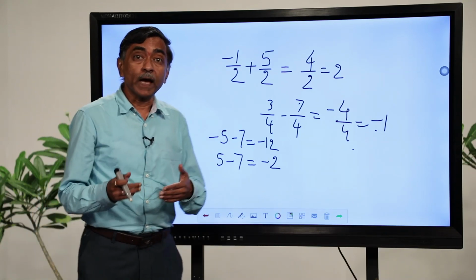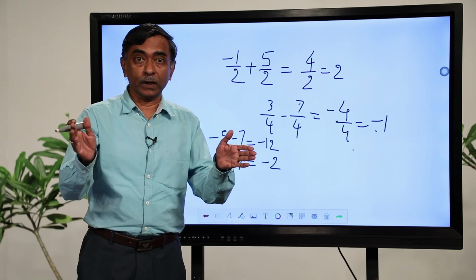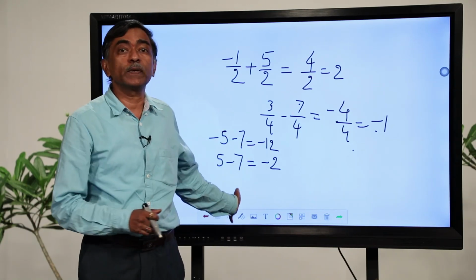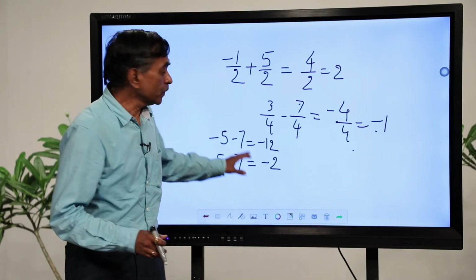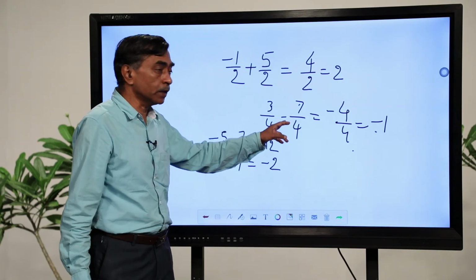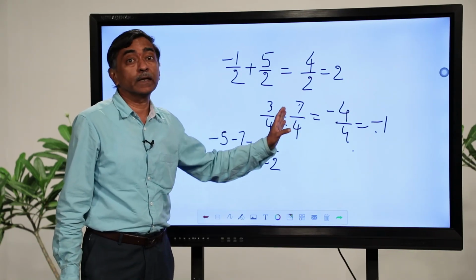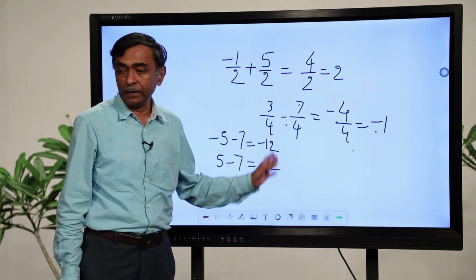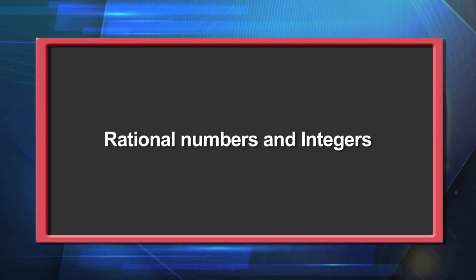So, look, as soon as the number system is extended further, you can see the change in property of the numbers that have been introduced there. So, in the case of integers, subtraction is closed. In the case of rational numbers, subtraction is closed, but this does not happen in the case of natural numbers and in the case of whole numbers. Now, when we talk of rational numbers and integers, this we have done.